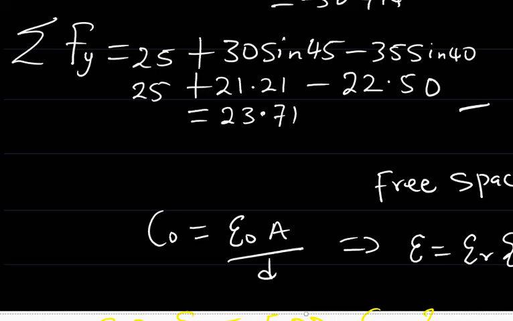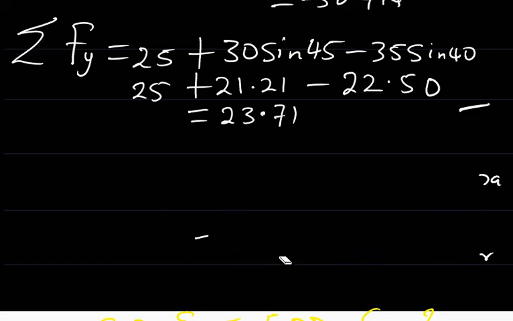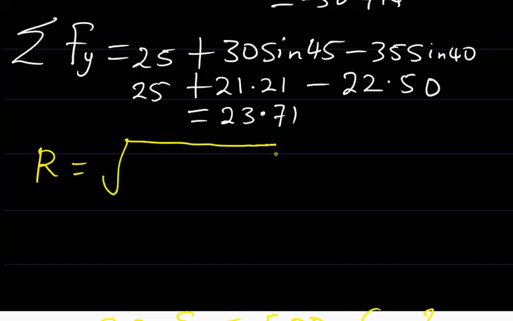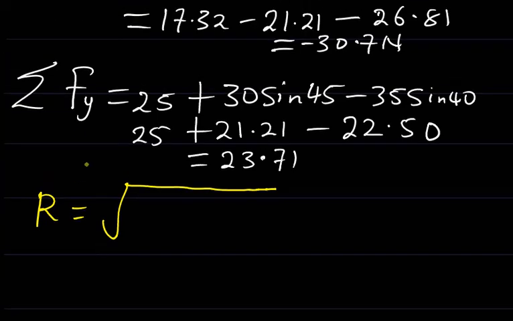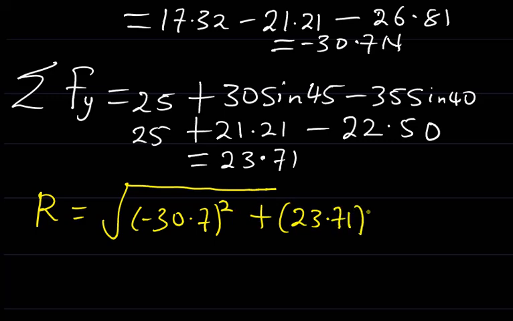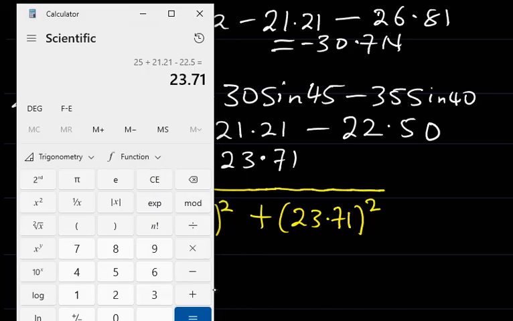So here we are now. The resultant is going to be equal to the square root of minus 30.7 squared plus 23.71 squared.